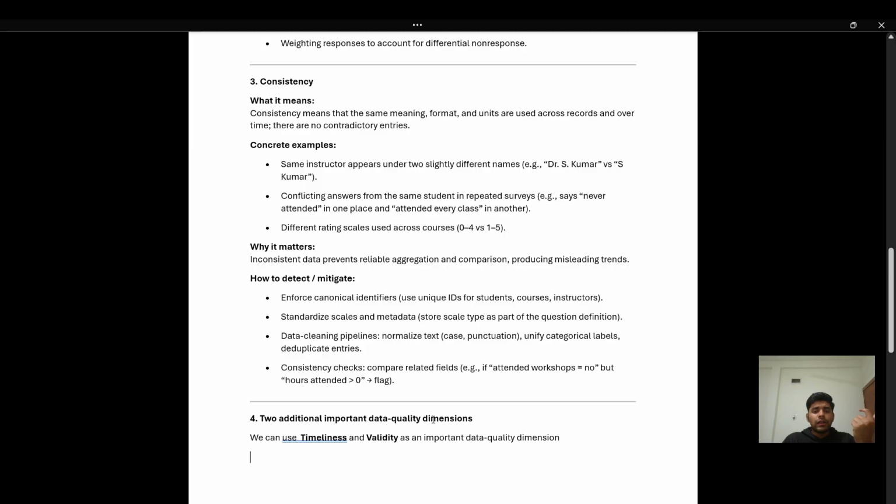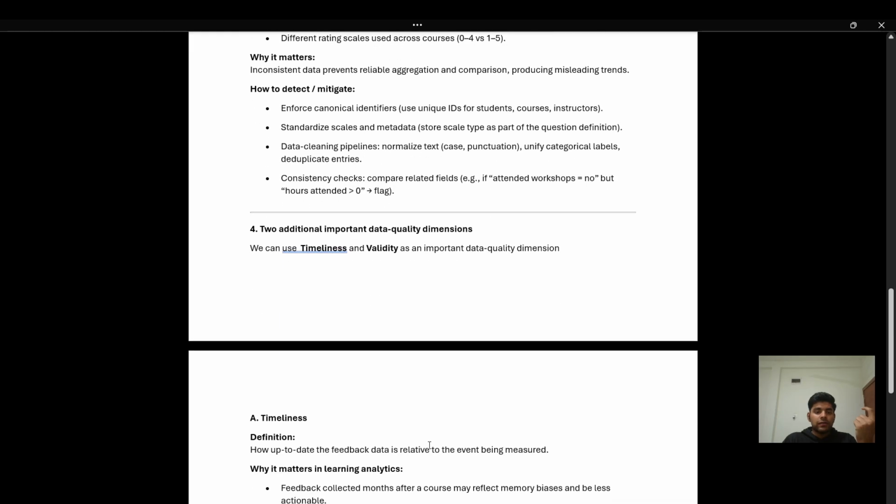Two additional important data quality dimensions we can use are timeliness and validity. So let's discuss timeliness first. How up to date the feedback data is relative to the event being measured.